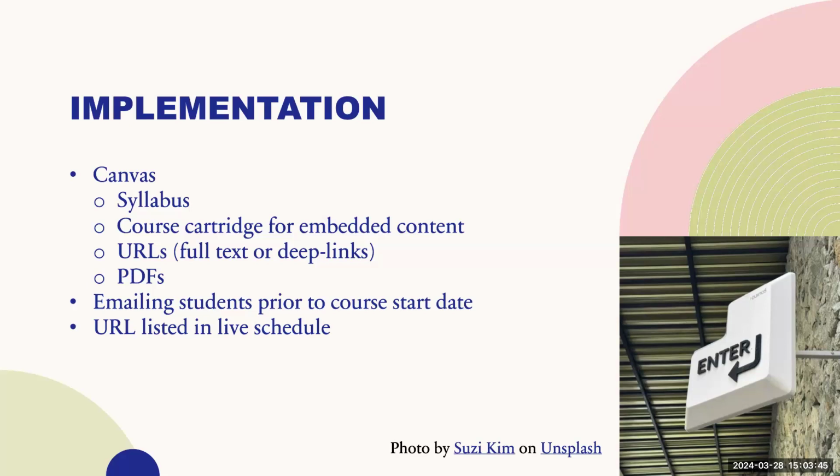And lastly, in the live schedule, I'm told, though I haven't seen it, that you can provide a link even there to the textbook. So students, in addition to being able to see that it is a ZTC course, could click through and see what this textbook even looks like.